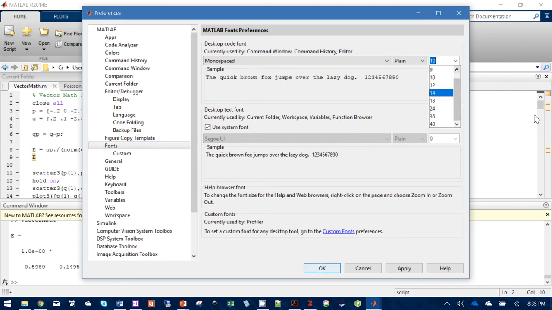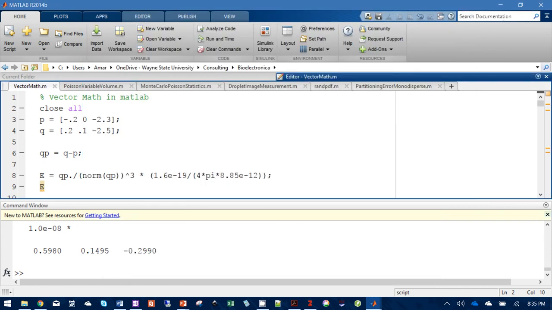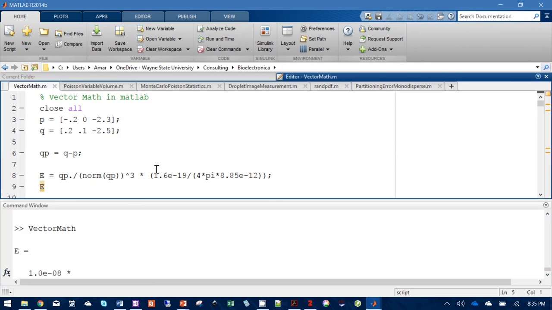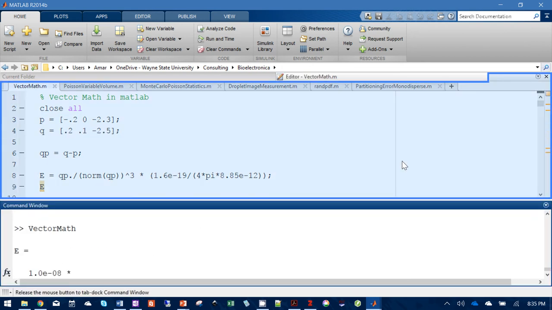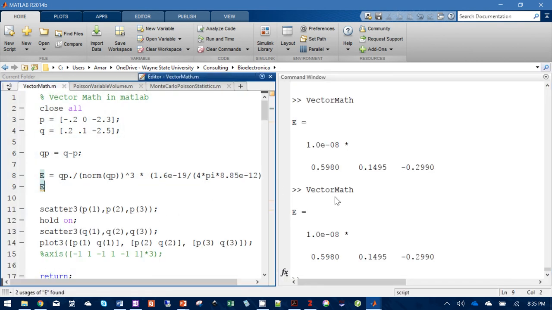Make this 14. I can move this command window over to the right side here. There we go.